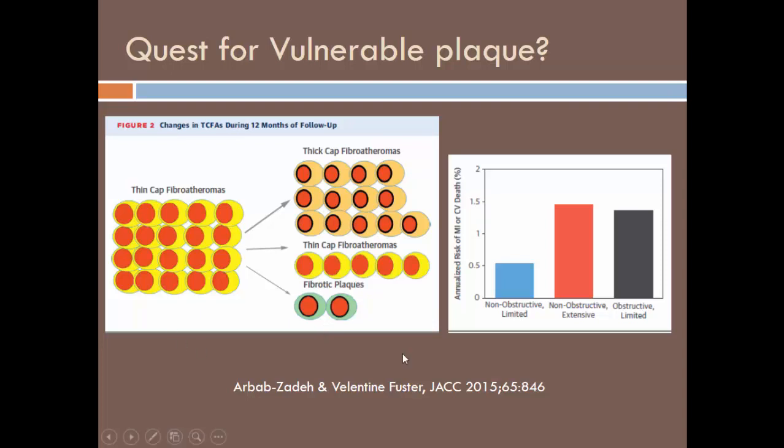And also the data that we have from different studies show that just the presence of extensive non-obstructive plaque itself is prognostically important. So it is the overall atheroma burden in coronary arteries that is probably more important from the point of view of prognosis than trying to hunt for individual high-risk plaques.